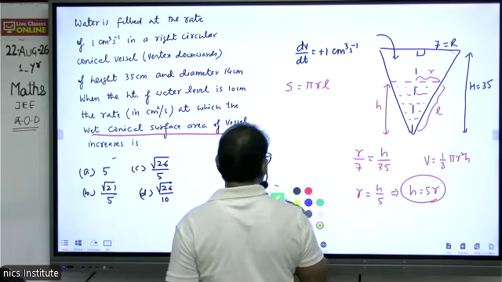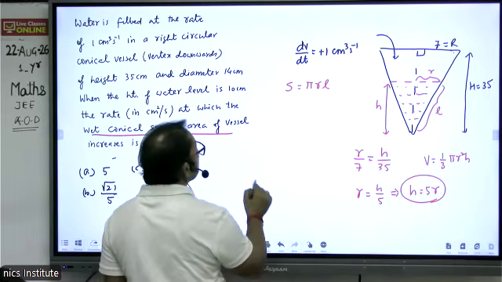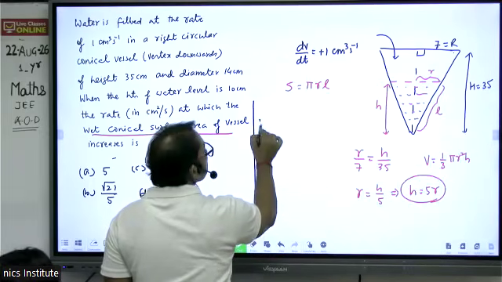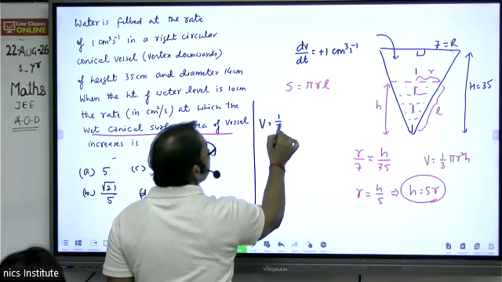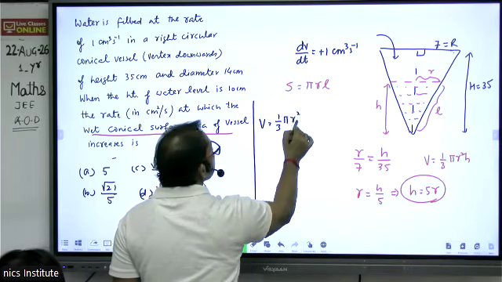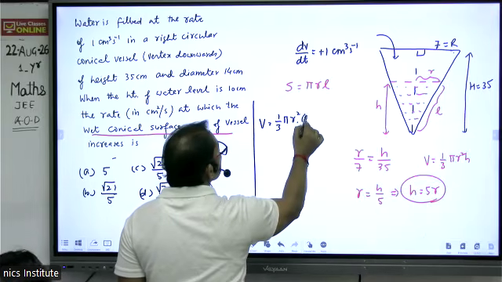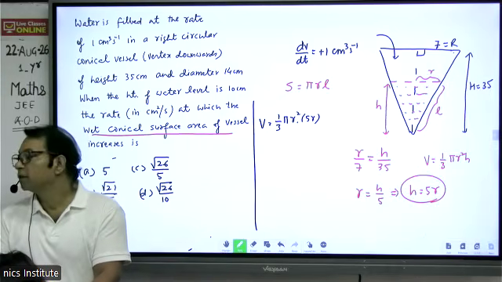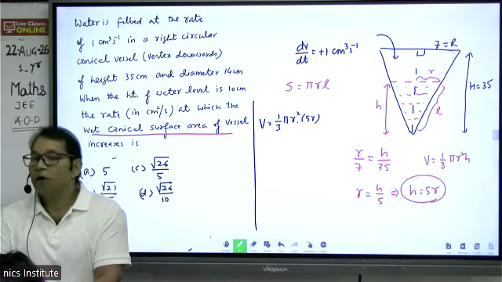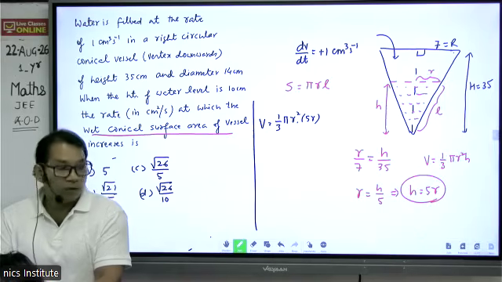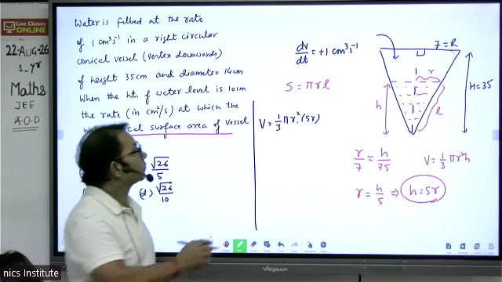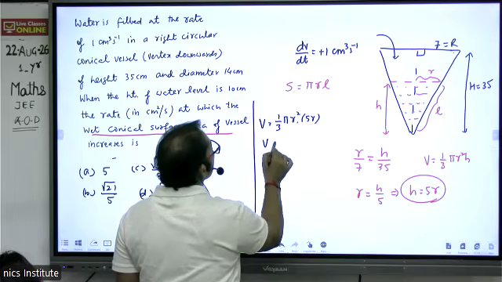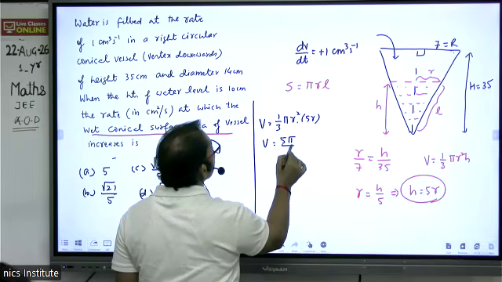So in the volume formula, you can substitute this. Volume is 1 by 3 pi R square H, H is 5R. So we got rid of one variable. So V is equal to 5 pi by 3 r cube.